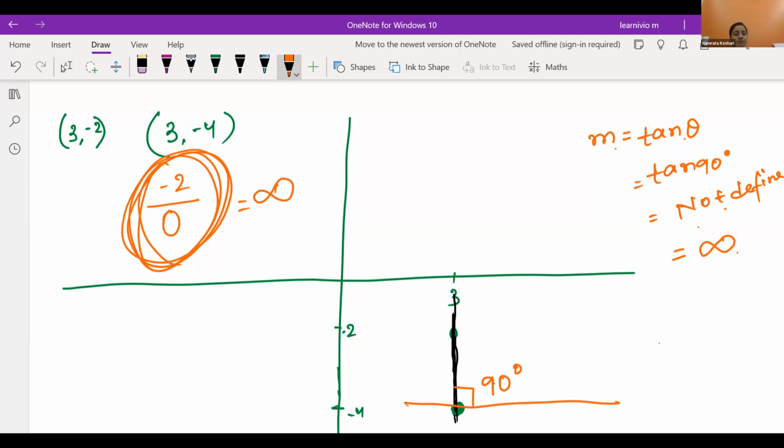Another is y2 minus y1 by x2 minus x1. This tan theta, m, and y2 minus y1 by x2 minus x1 are just telling how much exactly the line is inclined with the positive direction of the x-axis. So when we have a vertical line, the slope is not defined.